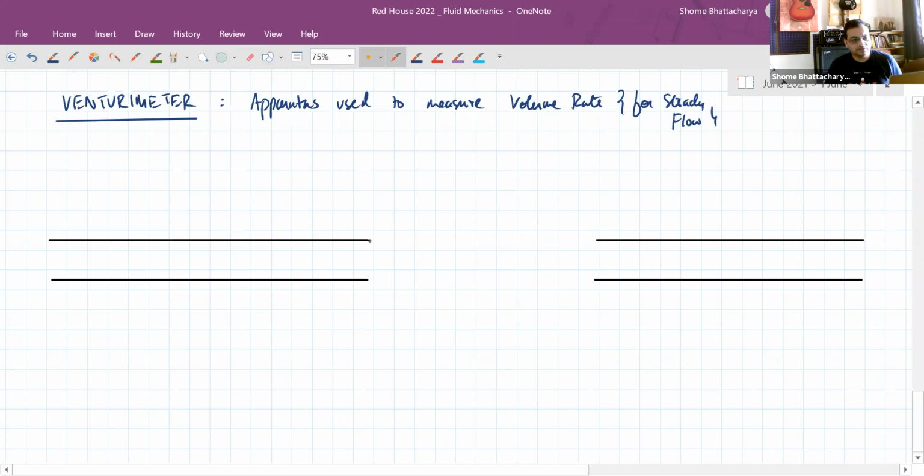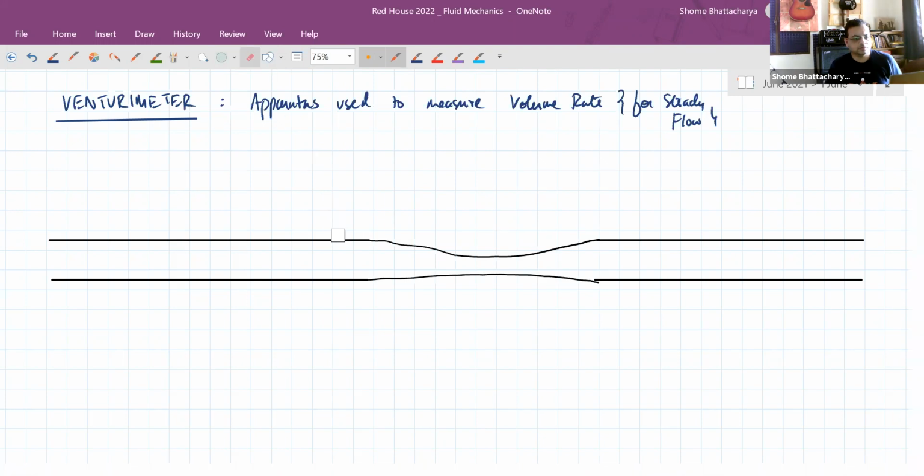The attachment in between will have a tapering of the pipeline like this. And also, at two appropriately selected points, narrow capillaries like this will be inserted.